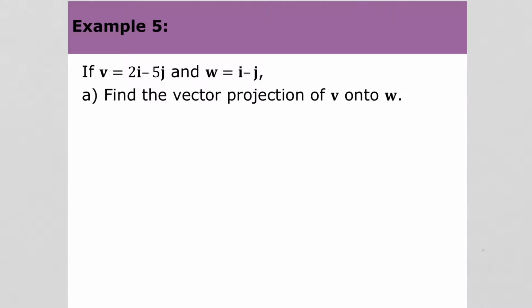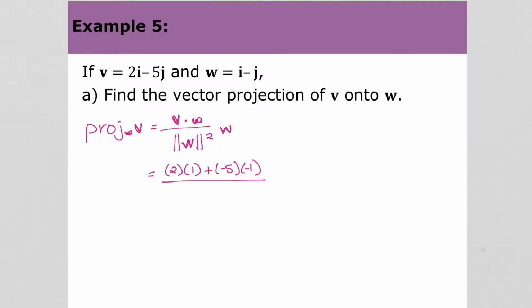So in example 5, we want to find the vector projection of V onto W. So the projection of V onto W will be V dot W over the magnitude of W squared times W. V dot W would be 2 times 1 plus negative 5 times negative 1.